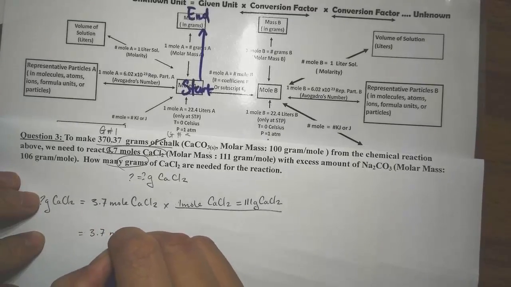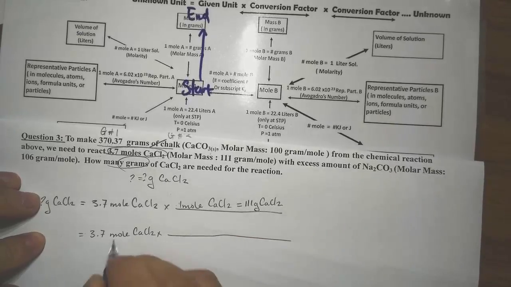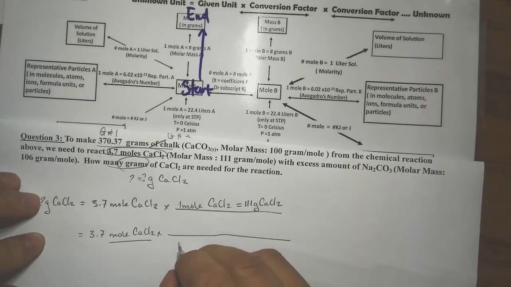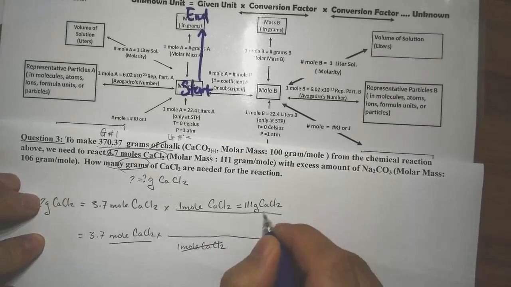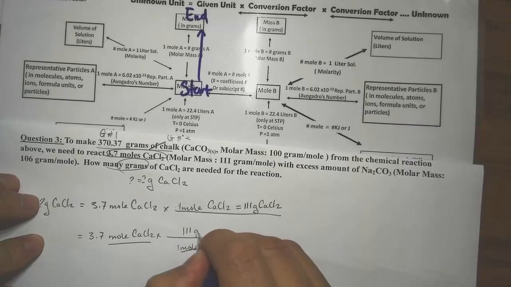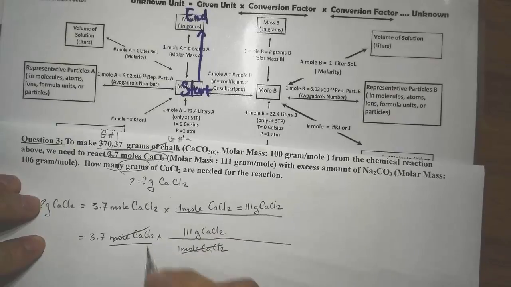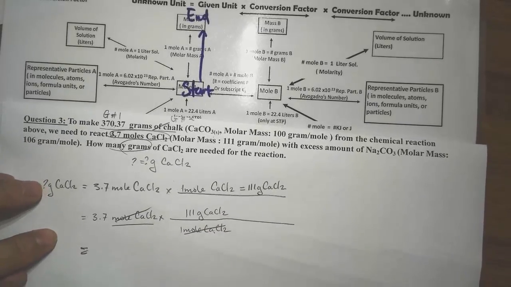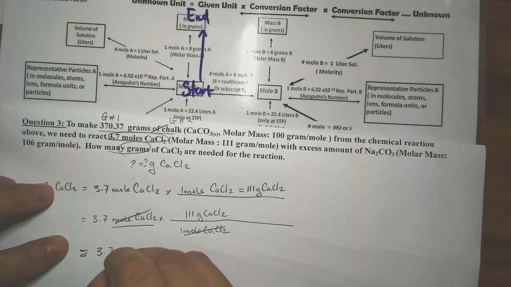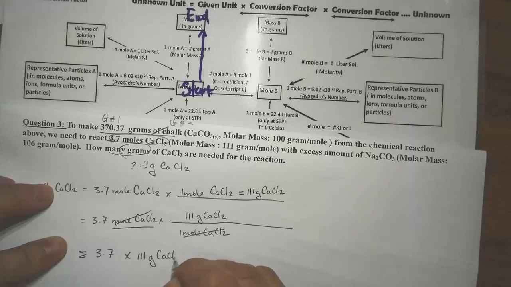3.7 moles of calcium chloride times, what's on the bottom? This is moles of calcium chloride. The bottom part would be 1 mole of calcium chloride. That cancels out. What's on top? Of course the leftover, grams of calcium chloride. And that cancels out with this one, right? And we just multiply everything on top, divide everything on the bottom, which is 3.7 times 111 grams of calcium chloride.